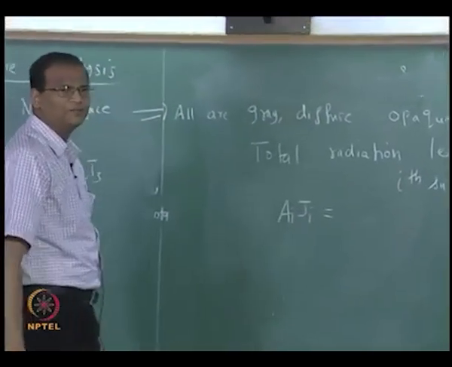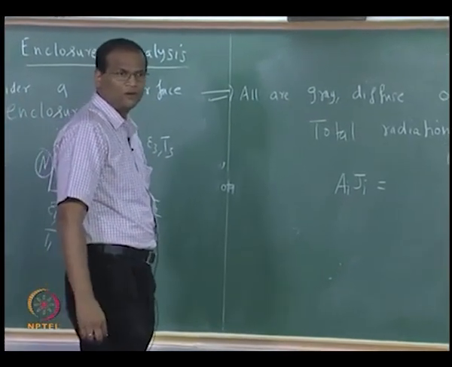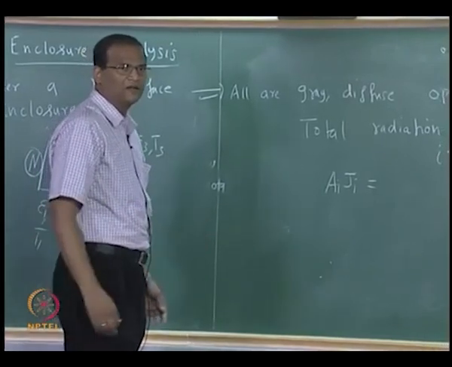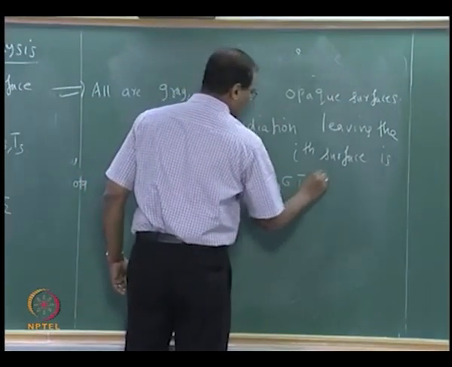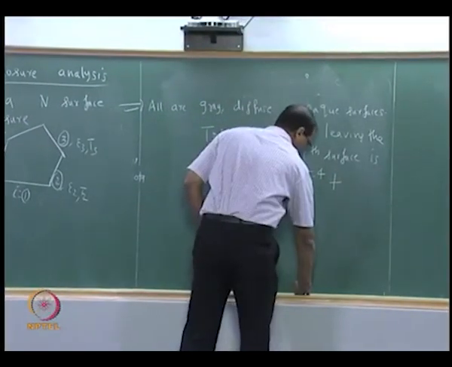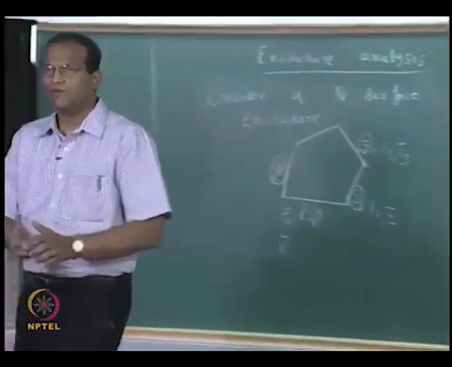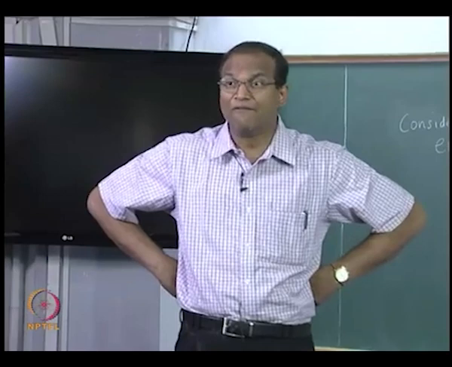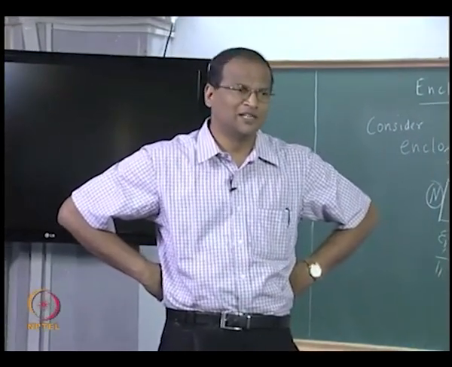this must be equal to the first part, emitted, plus reflected. What is the first part? Epsilon i Ai sigma Ti to the power of 4. The reflected part is not incident; the reflected part will be rho times whatever is incident.